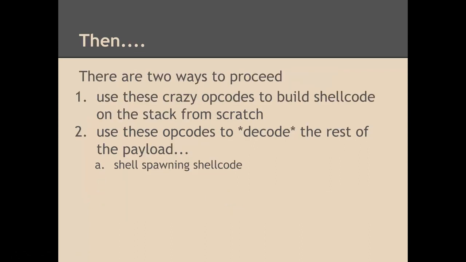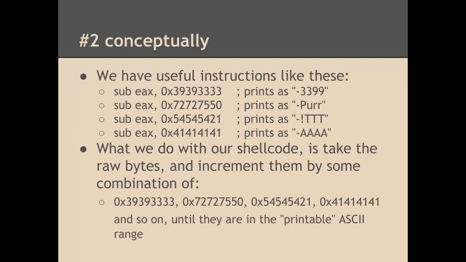So you could use all the crazy opcodes here to just build the shellcode from scratch on the stack, but the logic to do that would be just insane. Or you could do, like I already said, use it to decode the rest of the payload. So you would have the useful instructions, the sub EAX, and then whatever 4-byte combinations you'd like.